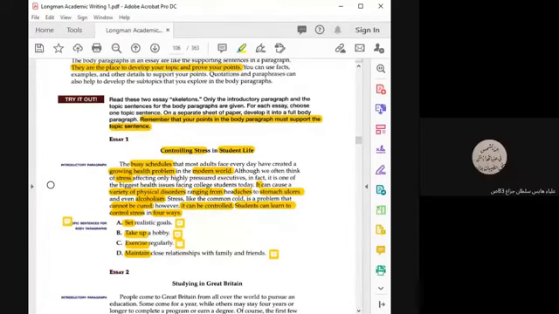Alaa, again? Yes, sir. Sir, I have a question. When we write a concluding paragraph, can we put our point of view in the whole essay, or give our own advice from our own experience?